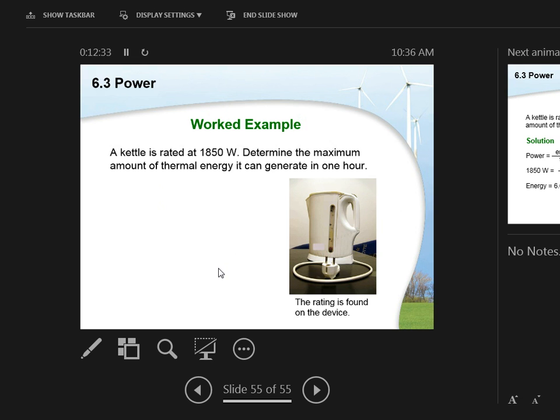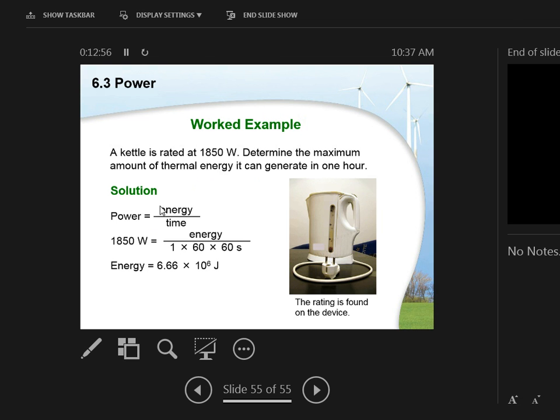A kettle is rated. You can go and check your kettles at home. They should tell you the power. Okay, so in this case, 1850 watts. Determine the maximum amount of thermal energy it can generate in 1 hour. So we are talking about change in the energy type, electrical to thermal energy. Okay, so we write down our formula again.